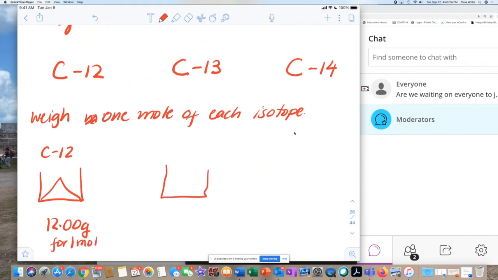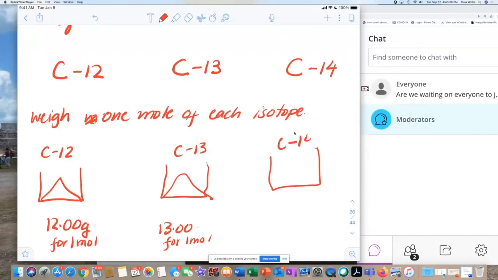For carbon 13, also in a container, you will get 13 grams. For the same amount, for carbon 14 in a container, same amount, you will get 14 grams. And the amount I wrote here is 1 mole. I'll discuss 1 mole down the road.